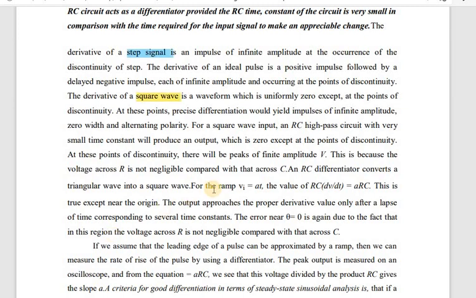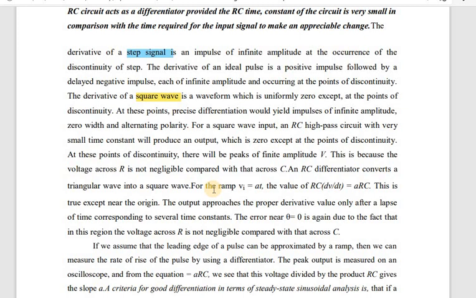Now we are saying that this high pass circuit is a differentiator. If you apply different input voltages, such as a square wave, a ramp, or a step, we have already seen the derivations for those. Let's see what happens under these different conditions.